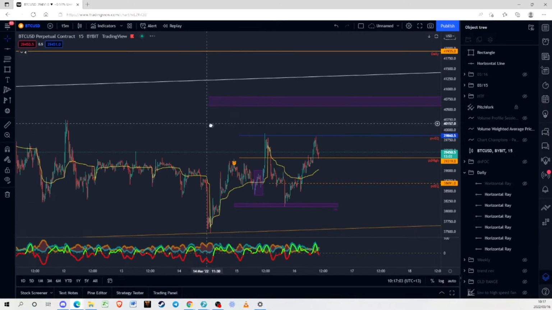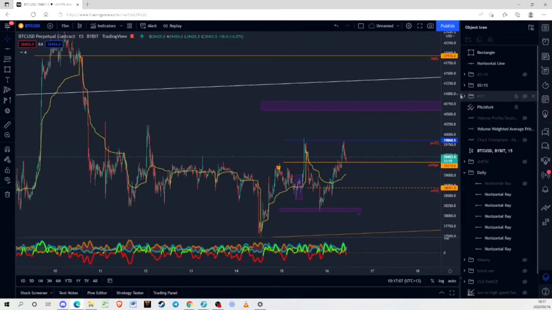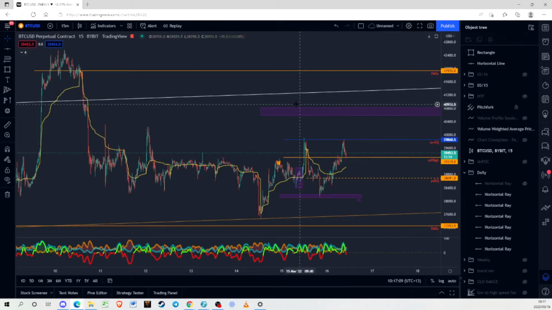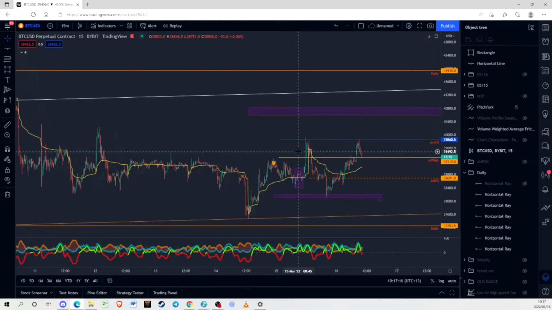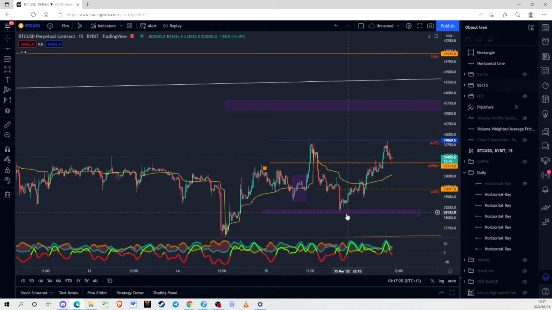Another level I had at the time was the CC, which comes up here. Okay, so those are my levels to the upside that I was looking at, and to the downside I had the range value area low.